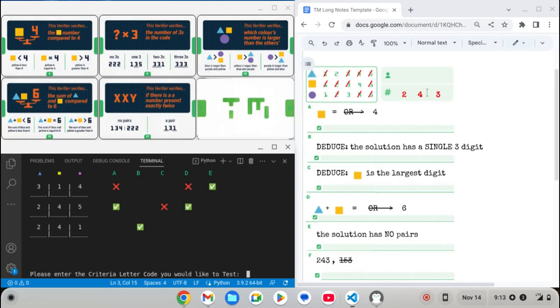So let's go ahead and cross out this solution here and the solution should be 241.